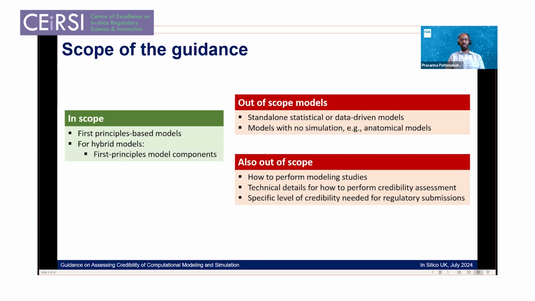And then, because it is a very general guidance, the specific level of credibility needed for any particular regulatory submission is also not something that we aim to provide in the guidance. And that's unfortunate. I think everyone wants to be able to pick up a document that says, okay, if you're going to use a model for this particular task, then these are the 20 things that you need to do.